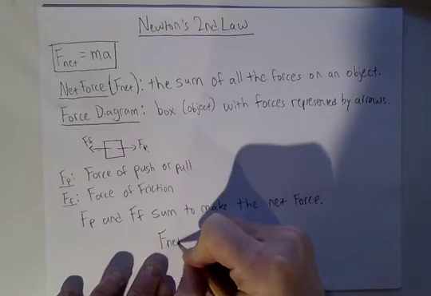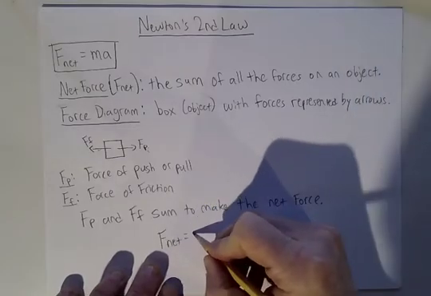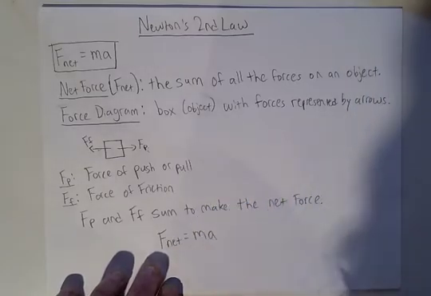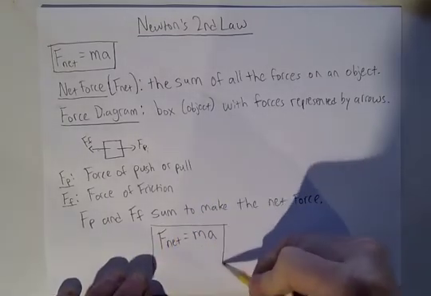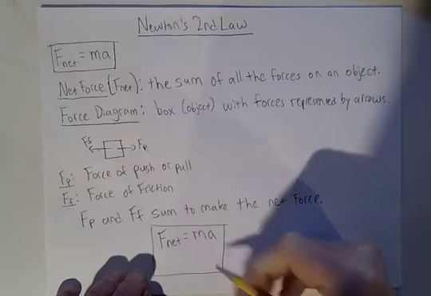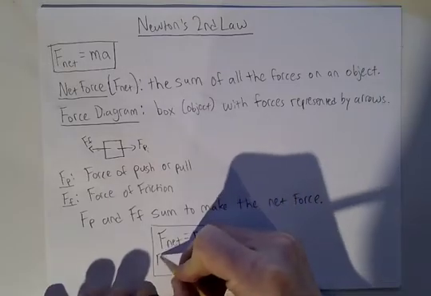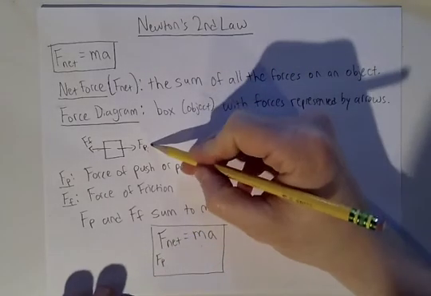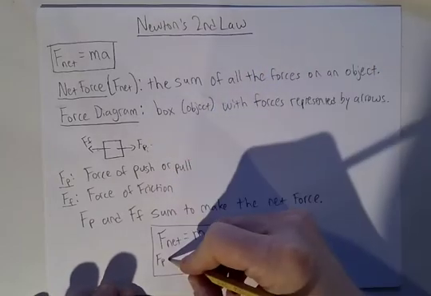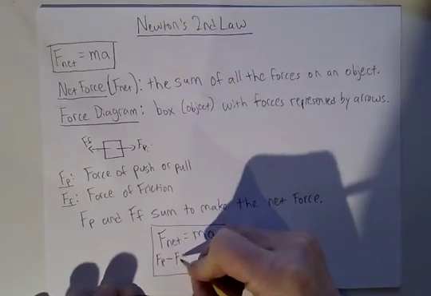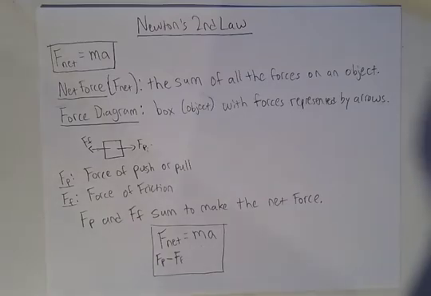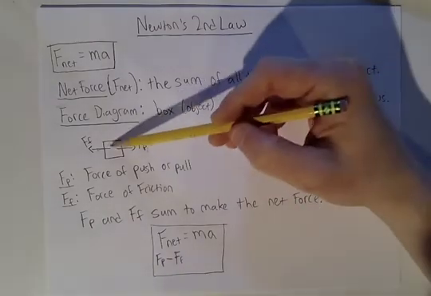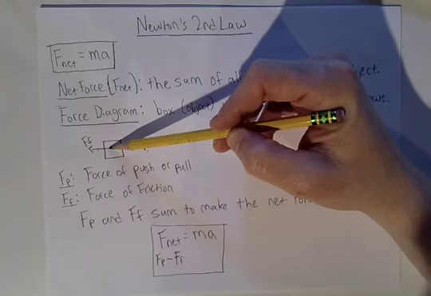So for all of our problems that we're going to do, you could write Newton's second law like this, which we gave you already, but I'm going to let you just write it like this. FP, it's the positive force to the right, minus FF. Why? I thought you were supposed to add the forces together, FP and FF. Well, the FF is to the left, which means it's a negative.